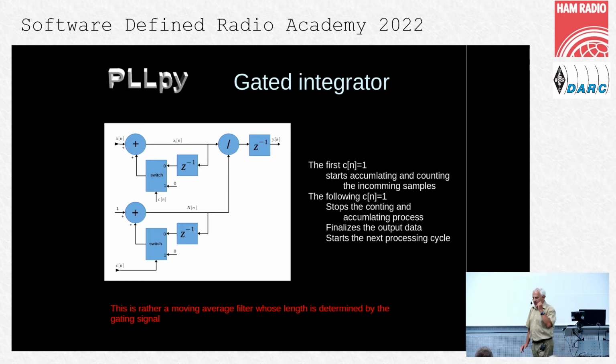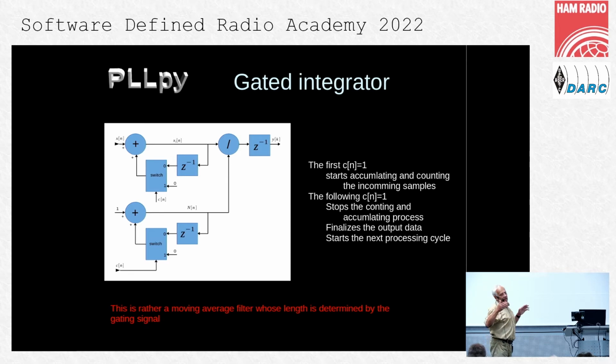I have a very special decimator which uses a moving average filter, but the averaging length, and that's why the decimation factor, is not a fixed number. It uses an external trigger signal. The trigger signal starts the averaging cycle, and the next trigger signal stops the averaging.